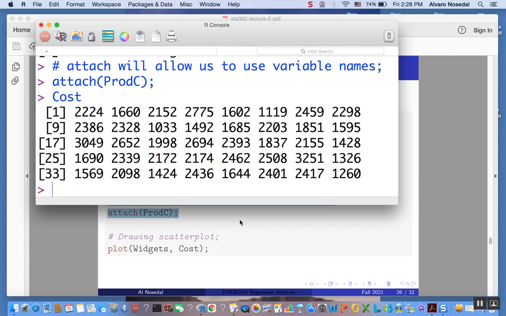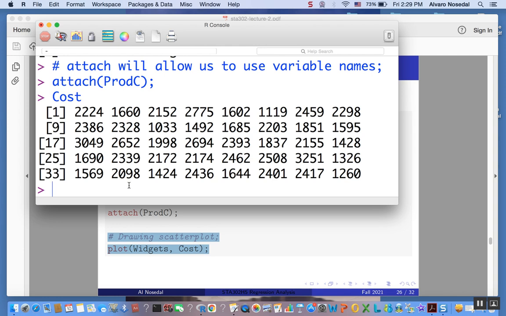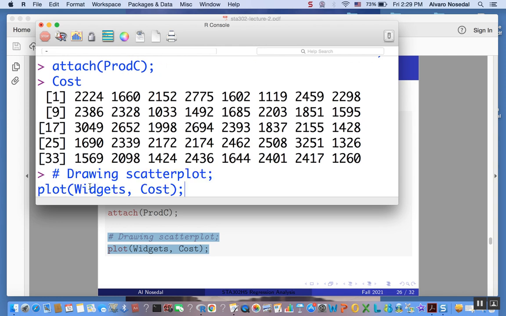So something that it's always a good idea when you're doing a linear regression analysis is plotting your data. Make a graph. Okay, so in this case we're going to make a scatter plot, and to do that we're going to be using that command plot, and the syntax of that function is first you're going to place the name of the variable that goes on the horizontal axis, and then the variable that goes on the vertical axis.